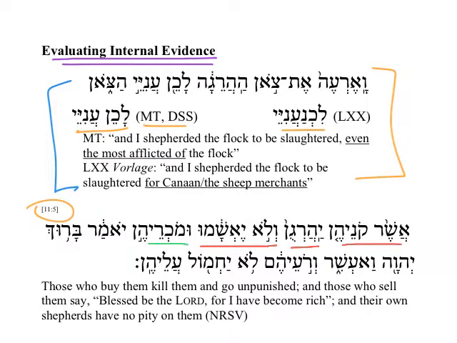And the ones who sell them say, "Blessed be the Lord, for I have become rich." So the one interesting thing to consider is if this buying and selling in the context might support, for example, the Septuagintal reading, but not as a proper name, rather as a term for merchants.